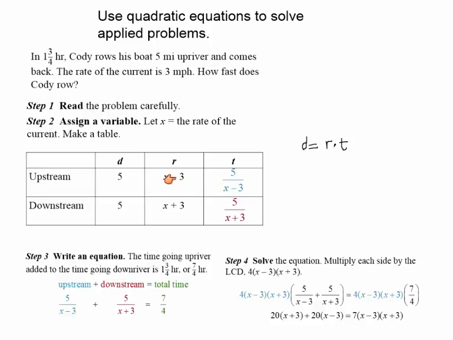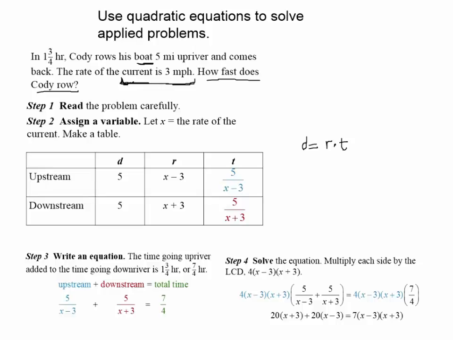So we have x would be the rate of the current is 3 miles per hour. We want to know how fast would be the rate of the boat.